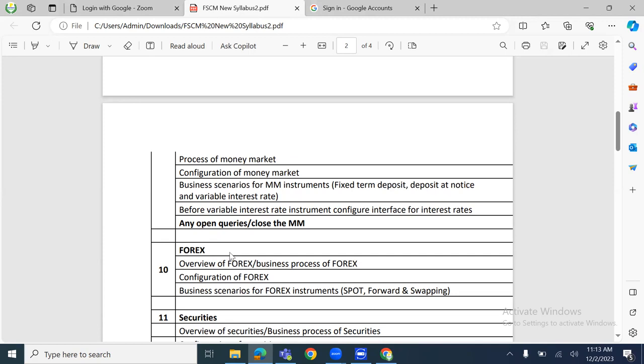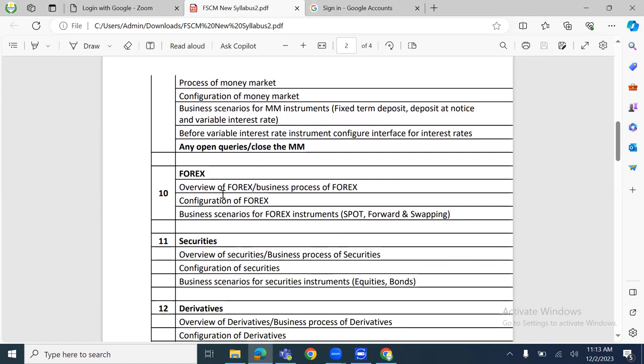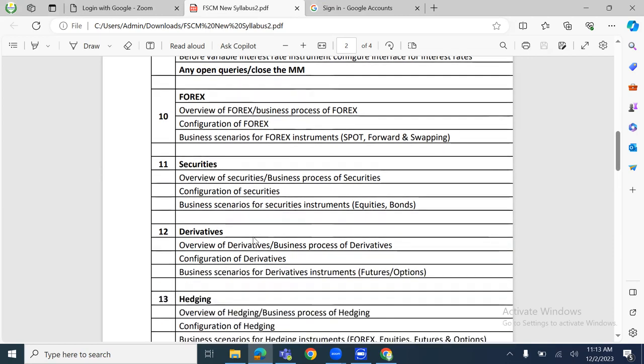In Forex, I am going to cover overview of Forex business process, configuration of Forex. Then in Forex, predominantly I am going to cover spot rate, forward contract, spot contract and swapping. Coming to securities: overview of securities, then configuration of securities.